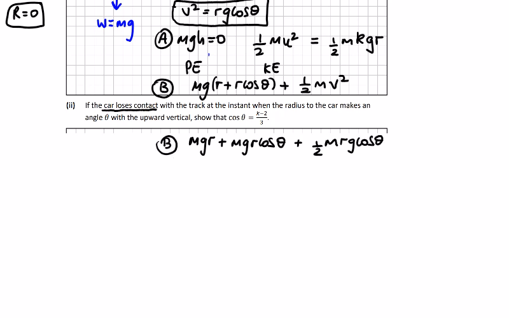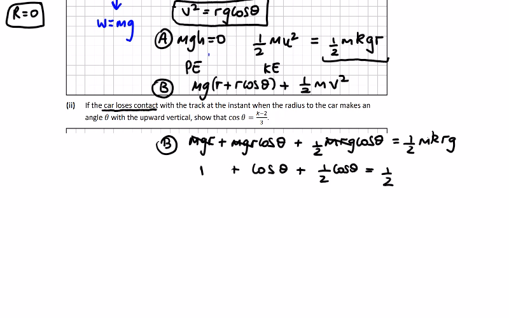It will have to be equal to the energy at position A, which is just a half m k r g. So we're going to divide by m r g to get 1 plus cos theta plus a half cos theta is equal to a half, it's just going to be k over 2, just half a k.